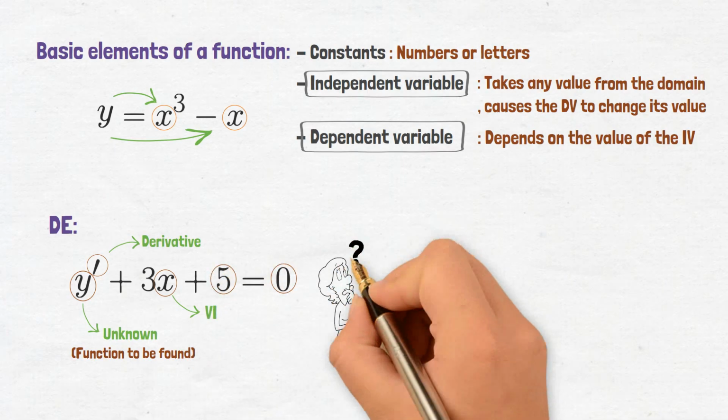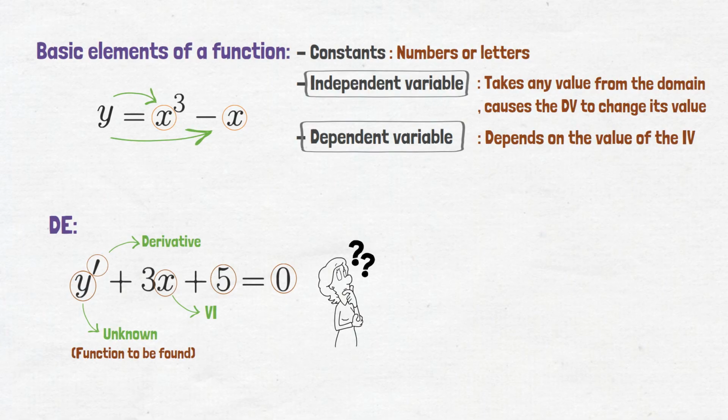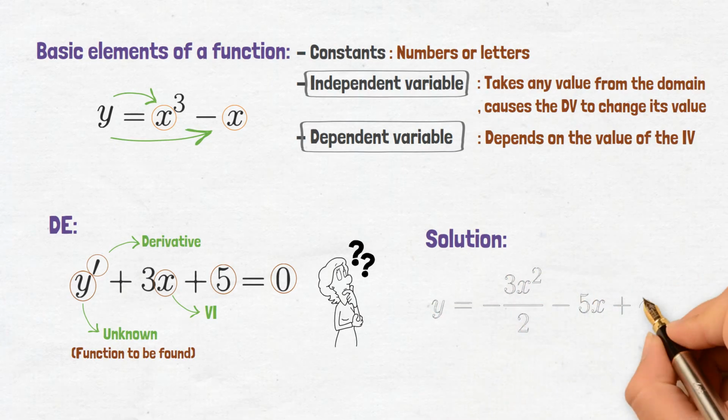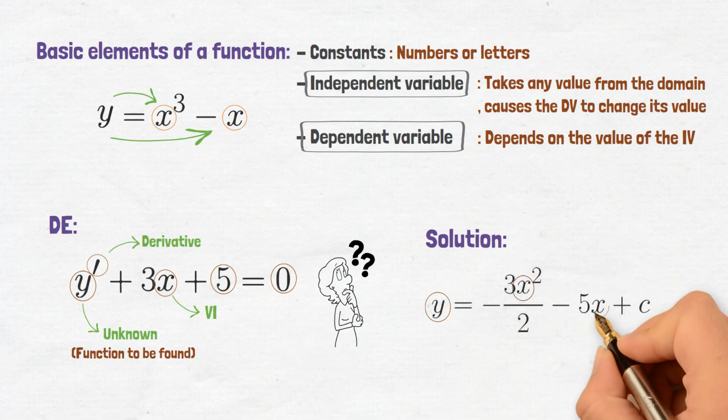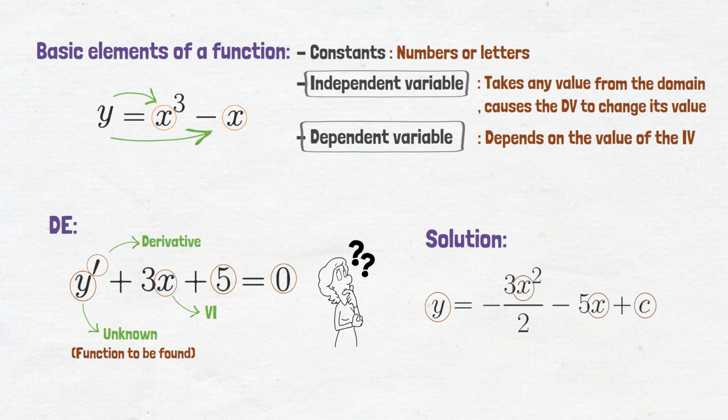What is important here? It is to realize that all the elements that may appear in a differential equation are part of its solution. And if you do not believe me, I will give you the solution to the given equation, which is this, where we see the dependent variable, the independent variable, and some constants.